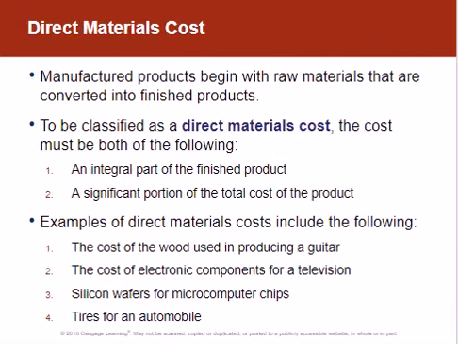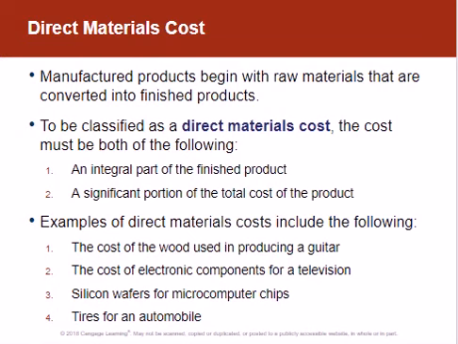When looking at direct materials cost, manufactured products begin with raw materials that are converted into finished products. To be classified as a direct material cost, the cost must be both of the following: an integral part of the finished product and a significant portion of the total cost of the product.